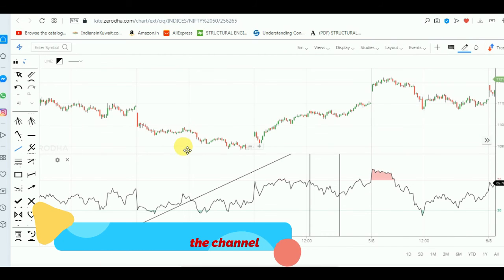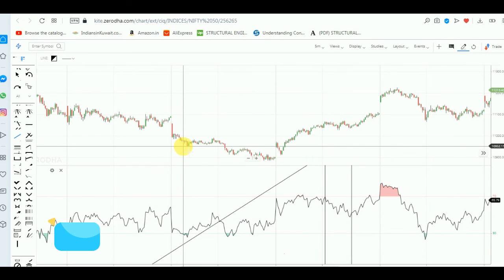So price action is very important when we are trading with this particular indicator. Based on the RSI movement, price action also needs to move, and only then should the entry be decided.